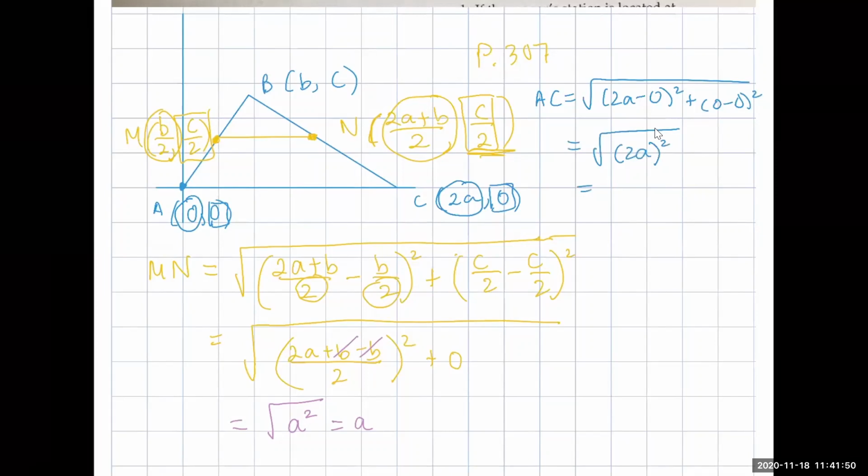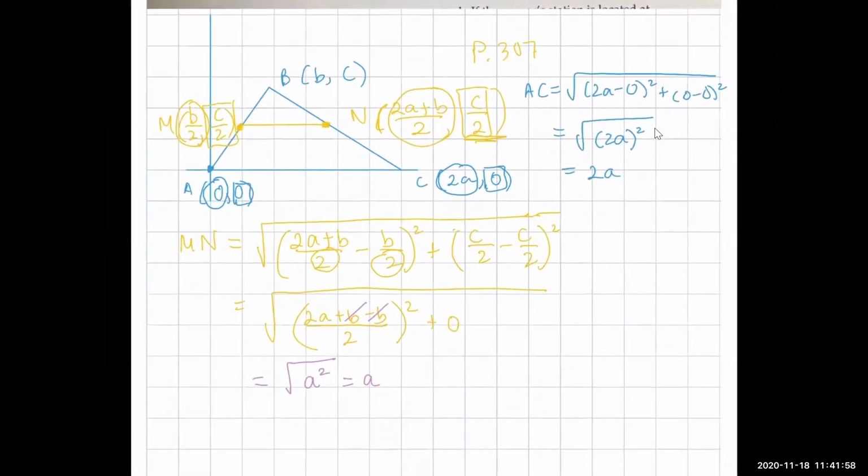So if I take the square root of something that's being squared, then it will undo each other and I get just 2a. Did I show what I was supposed to show? That the yellow is half the length of AC. Is that true? Does that prove that what I wanted to show was accurate?